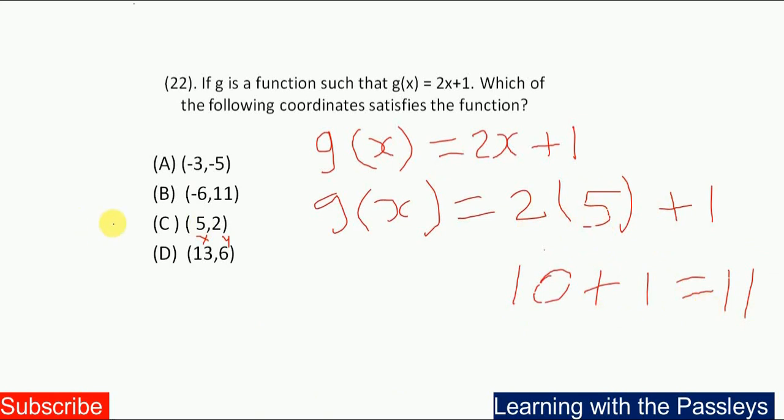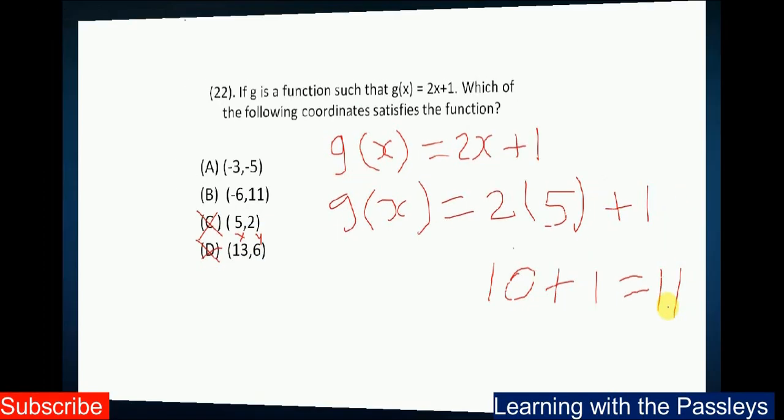Therefore, C is not the correct answer because we have 2 here, and the result we get when we use C is 11.